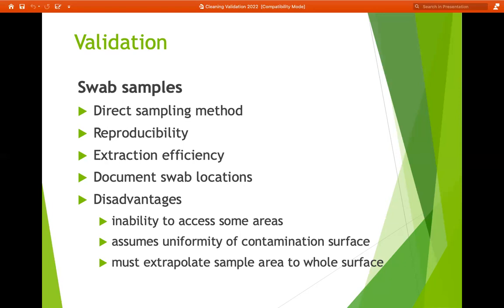Easy to clean parts can be easily cleaned, and if you take samples from that part, it will definitely come positive and give good results. It assumes uniformity of contamination on surfaces, and you must extrapolate the sample area to the whole surface.